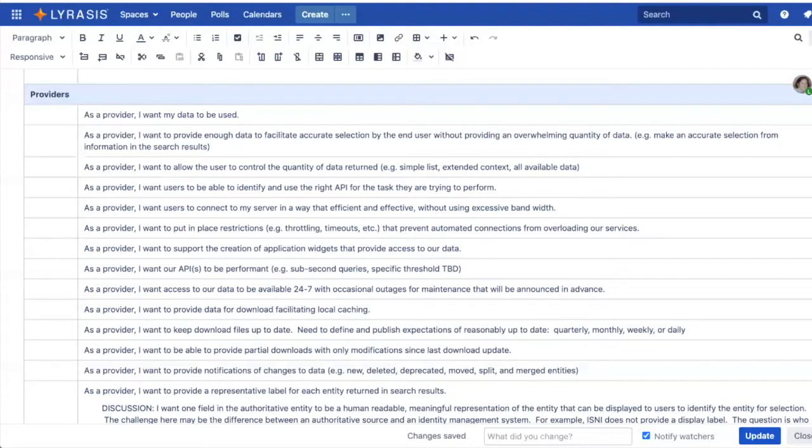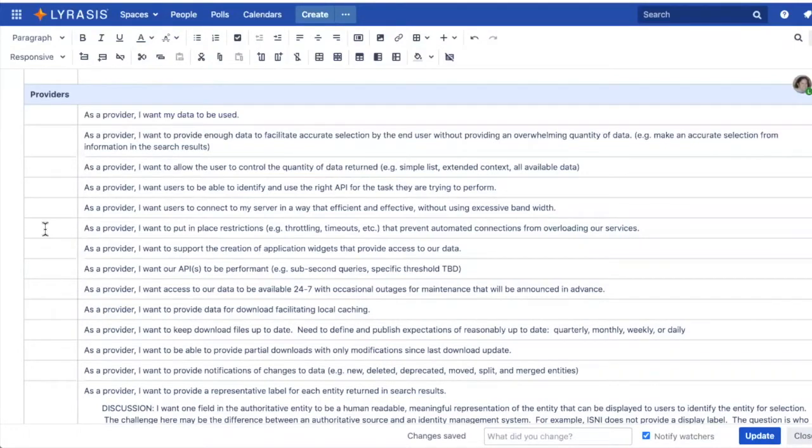So I'd like to jump back to the one on throttling. As a provider, I want to put in place restrictions, where an example would be throttling, timeouts, perhaps other things that prevent automated connections from overloading our services.